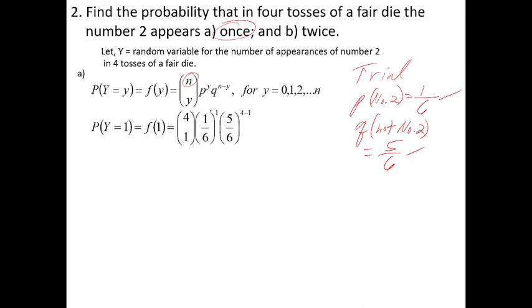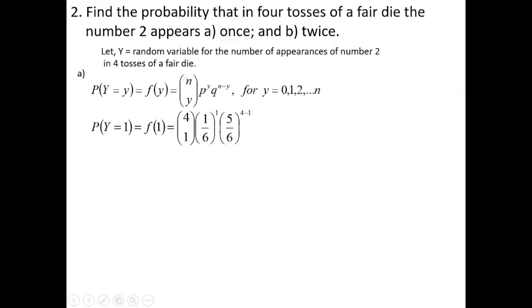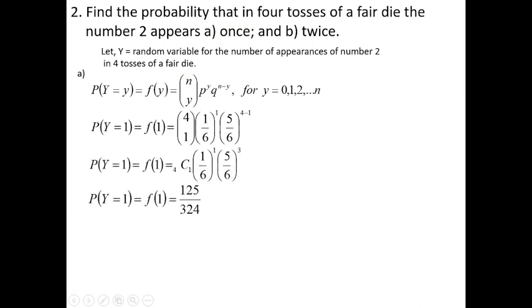And then, 1 over 6, ito yung P natin, raised to 1. 5 over 6 raised to 4 minus 1. So that's it, no? And we will obtain an answer of 125 over 324.